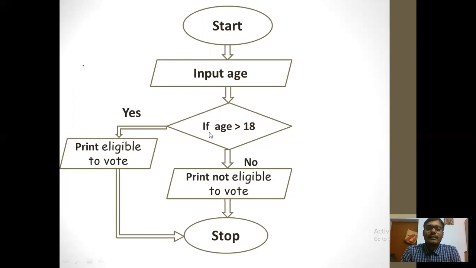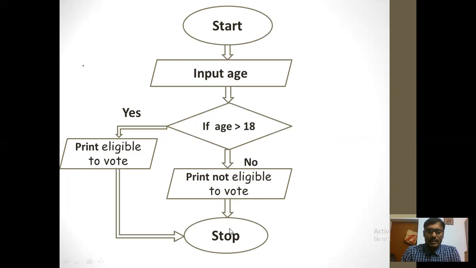If the statement is true, if he is greater than 18 years of age, then print eligible to vote. If the condition is yes, then it will print eligible to vote, meaning he is able to give the vote. And if the condition does not satisfy, meaning if the condition is false, it will come to this part of the program, print not eligible to vote, and then stop.